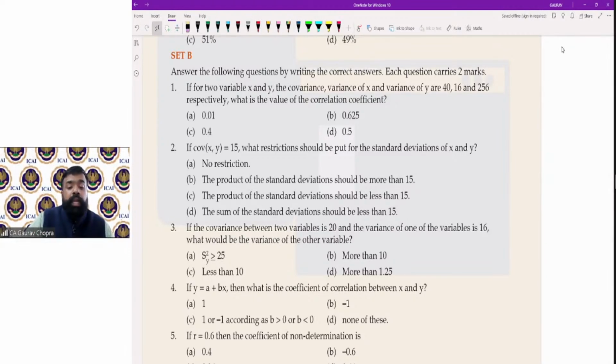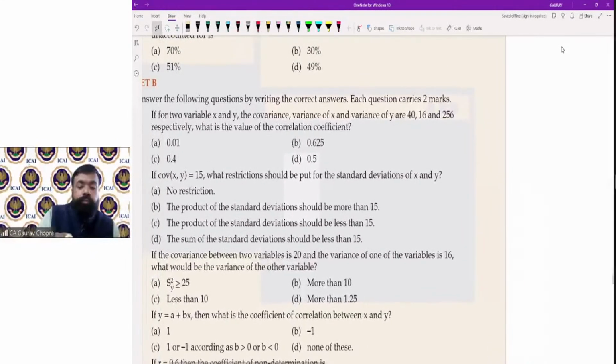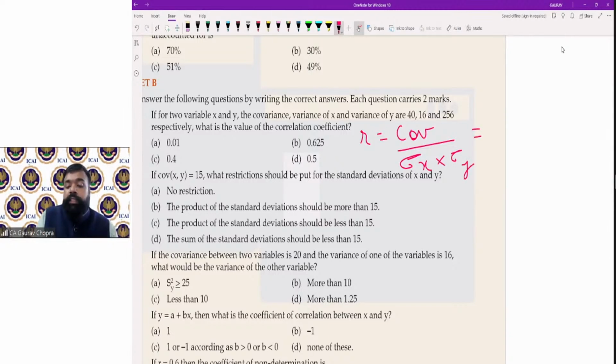If for two variables x and y, the covariance, variance of x and variance of y are given, find out the correlation coefficient. Which formula will be used? The covariance one. R is equal to covariance upon sigma x into sigma y.